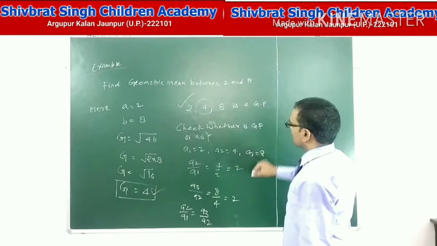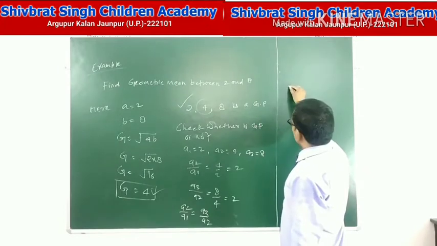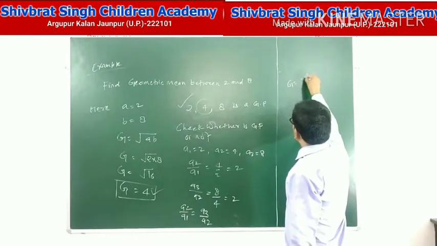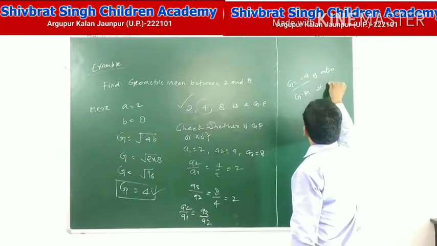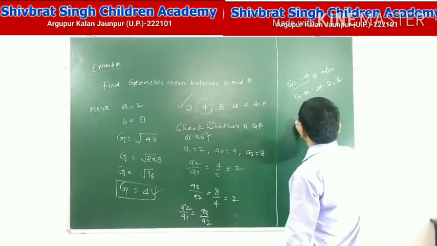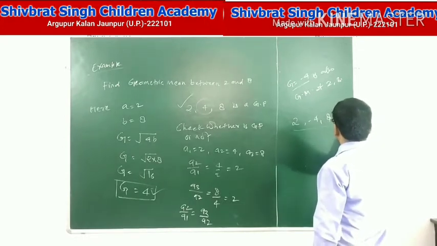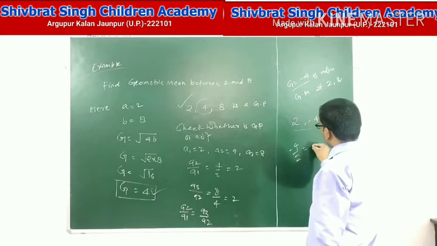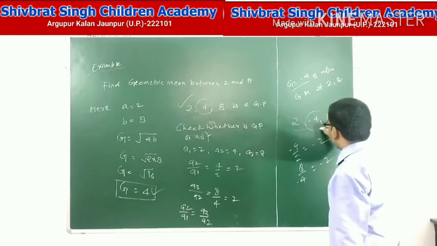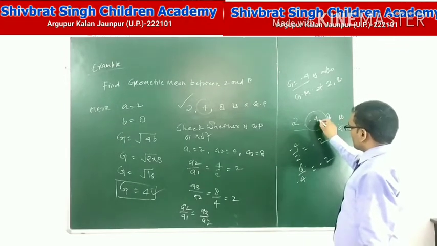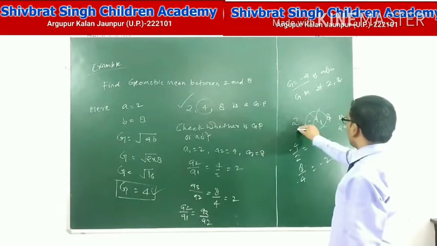Here some student may say G equal to -4 is also a geometric mean of 2 and 8, because 2, -4 and 8 is a GP. -4 by 2 equal to -2, 8 by -4 equal to -2, but -4 is not between 2 and 8, so this is not a geometric mean of 2 and 8.